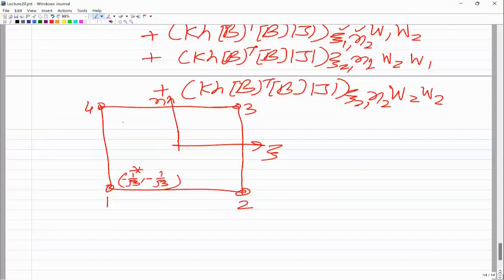Then the second Gauss point is here, its coordinates are minus 1 upon root 3 and plus 1 upon root 3. Then the third Gauss point is here, its coordinates are plus 1 upon root 3 and minus 1 upon root 3, and then the fourth Gauss point is here, its coordinates are plus 1 upon root 3 and plus 1 upon root 3.